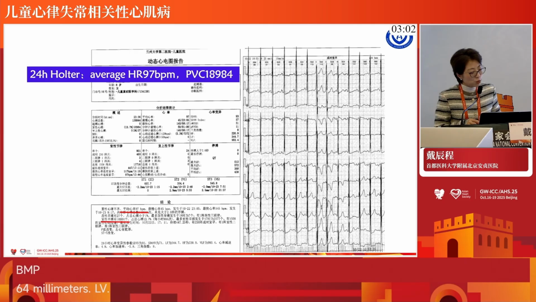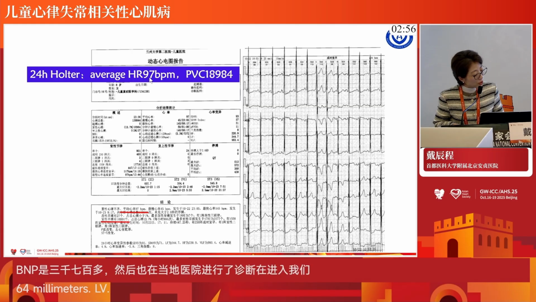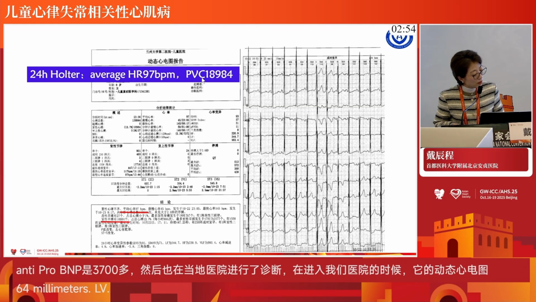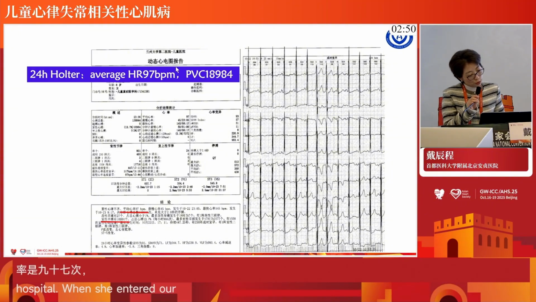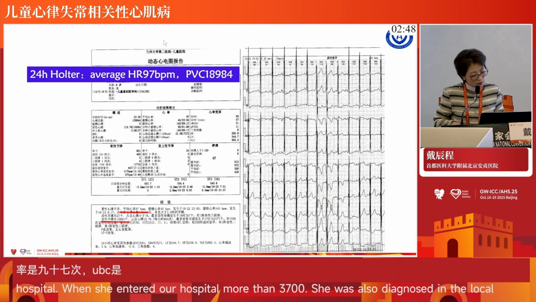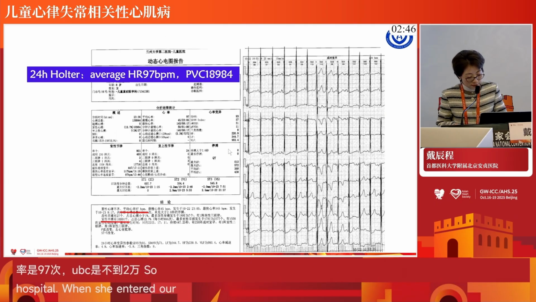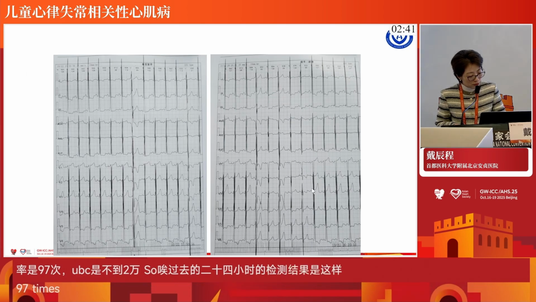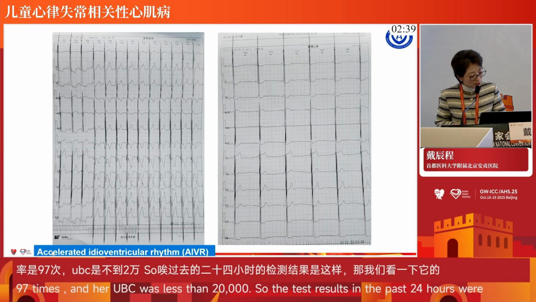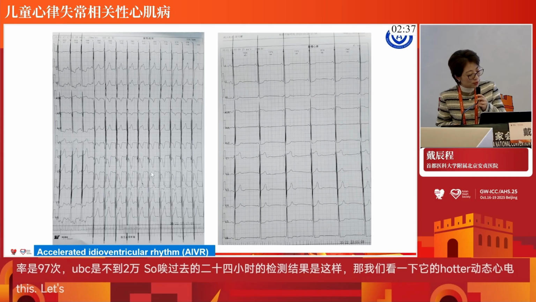When she comes to me, Holter shows average heart rate is 98 BPM. PVC less than 20 thousand in 24 hours. So we can see on the Holter some PVC and accelerated idioventricular rhythm.